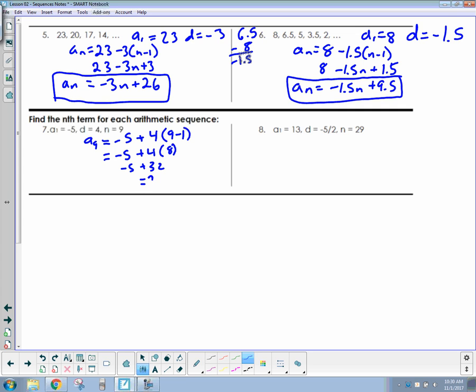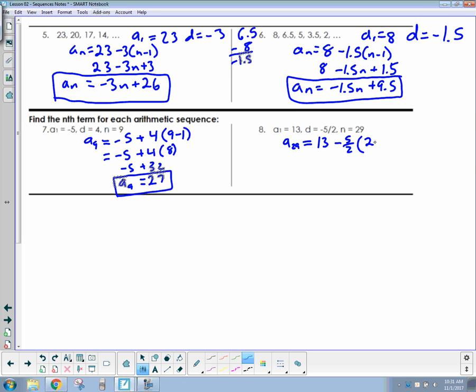Next one. Again, simply plug in what's given. Little 29 next to that, A equals 13 minus 5 over 2 times n minus 1. Oops, I know what n is. That's supposed to be 29. Minus 1. There we go. So, distribute.